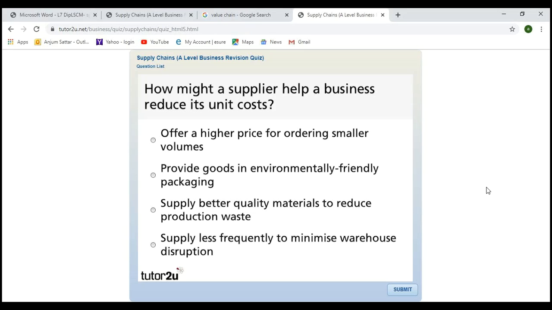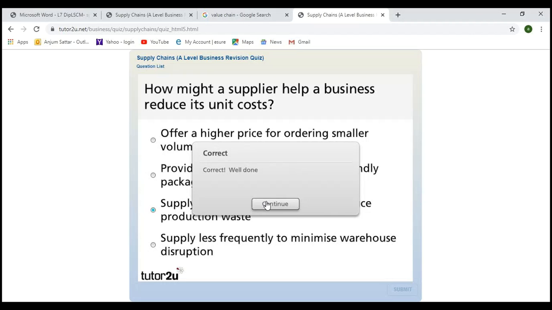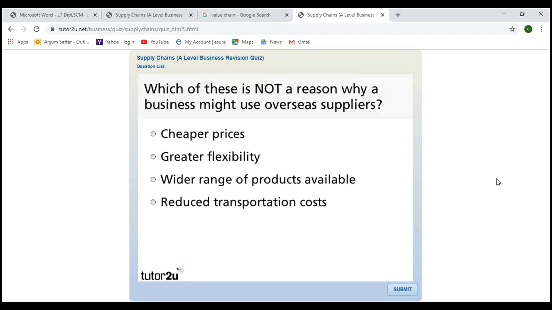Offer high price, provide environmentally friendly goods, supply better quality, or supply less frequently to minimize warehouse disruption. Better quality. Yes, supply better quality.